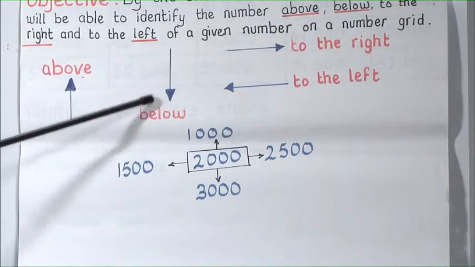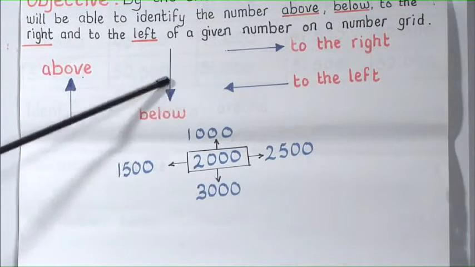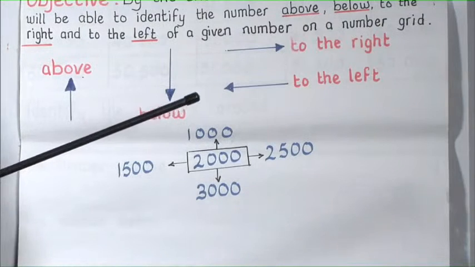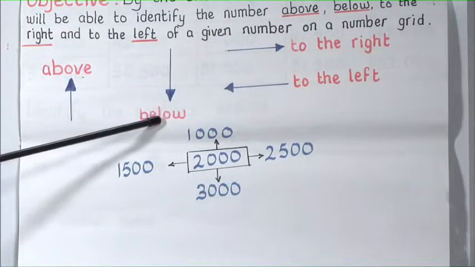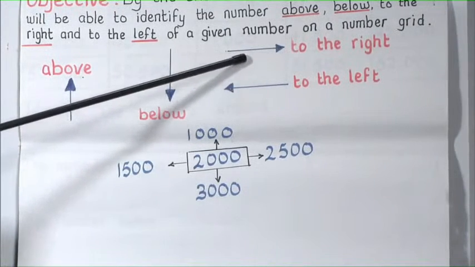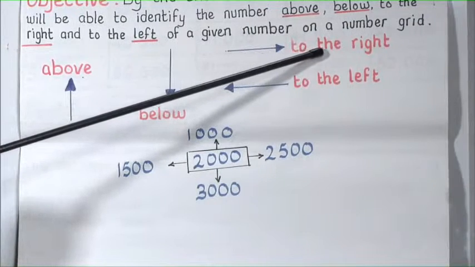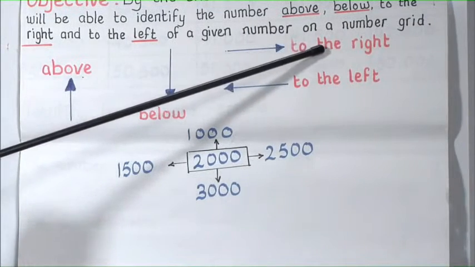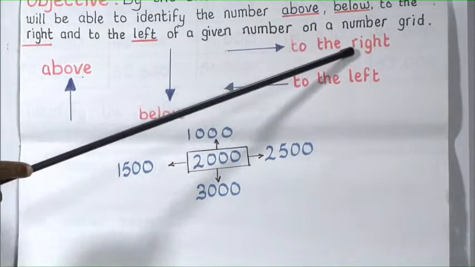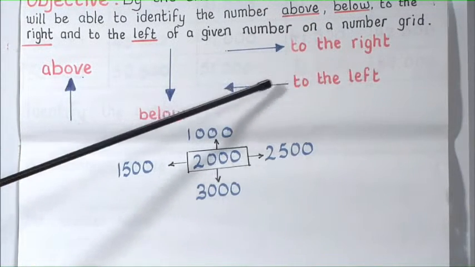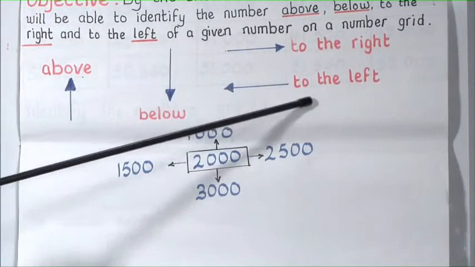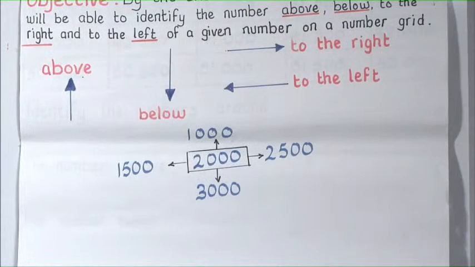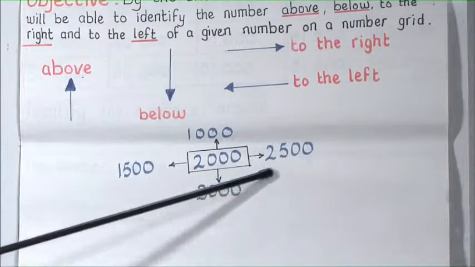Here we can also say that the arrow is pointing down, but here we say below. Now let's look at this arrow. Where is this arrow pointing to? It's pointing to the right. Now let's come to this one too. This arrow is pointing to the left. Very good, learners.